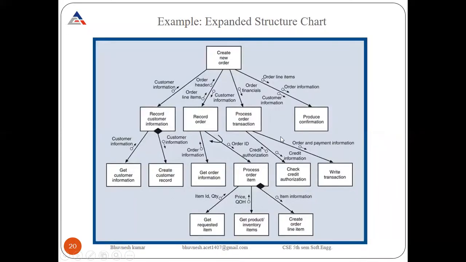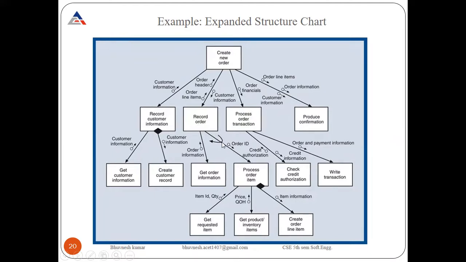This is your complete structure chart, the hierarchical or tree-like structure of your system, and this comes under function-oriented design. There are further conditions used. This is the condition, a diamond. There are data flows. This is your loop: record order and process order item are submodules.